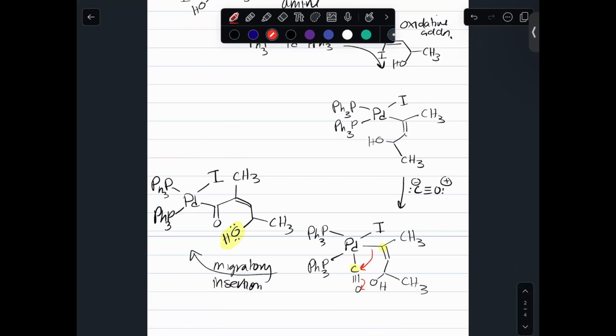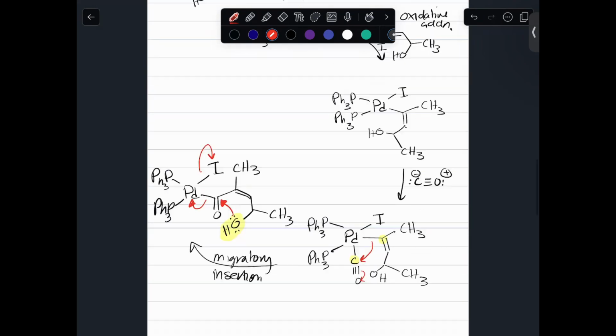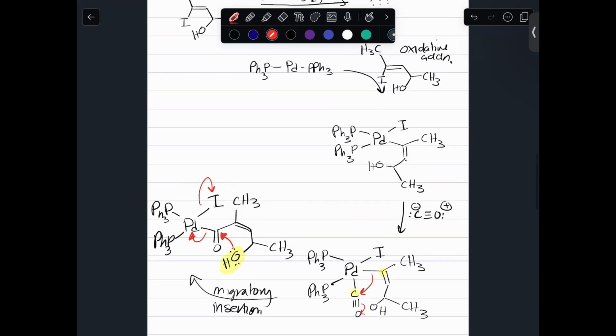Same thing. Nucleophile attacks the carbonyl. Bond between the palladium and the carbonyl is broken, and the electrons go towards the palladium, and my leaving group pops off. Now, you're obviously forming a ring. It's an intramolecular nucleophilic addition. Again, intramolecular meaning it's all occurring in the same system, right?